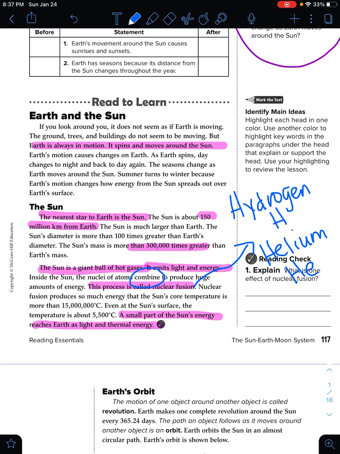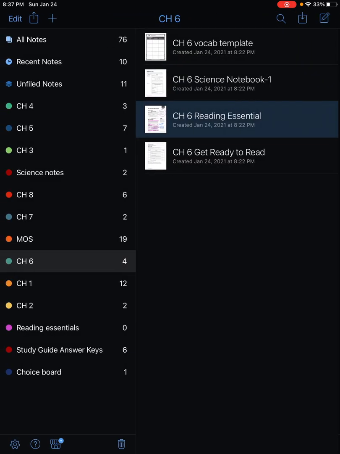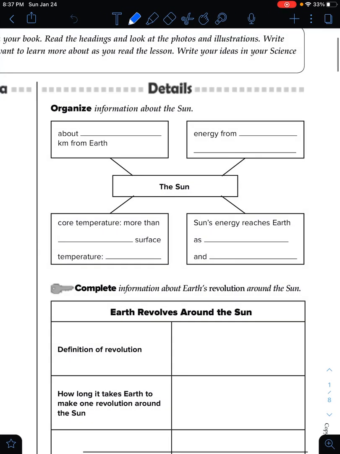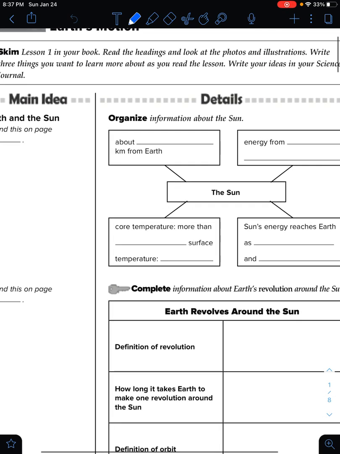So when the hydrogen atom and the helium atom combine, that is nuclear fusion, releasing an enormous amount of energy. Okay? All right, so let's stop and go over to our notebook and see what we can fill in. So split screen that, please, with our notebook.